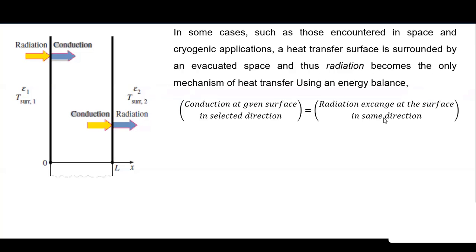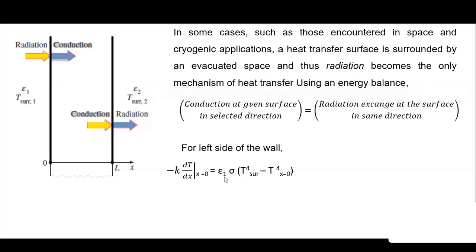In a similar fashion, we can write that conduction at a given surface in the selected direction is always equal to the radiation exchange at the surface in the same direction. So on the left side, the equation for conduction is minus k dT/dx at x equal to 0, and for radiation you can recall the Stefan-Boltzmann law.